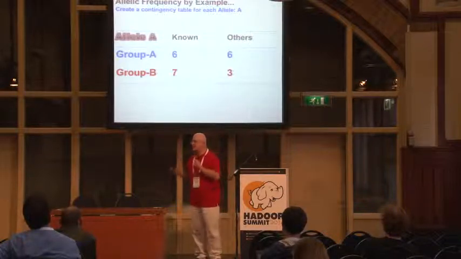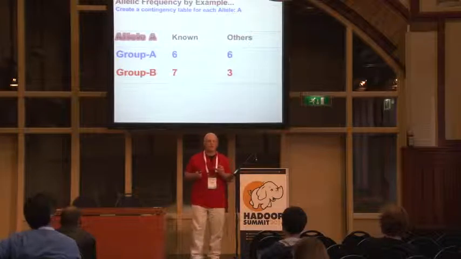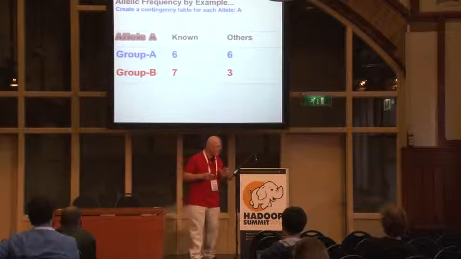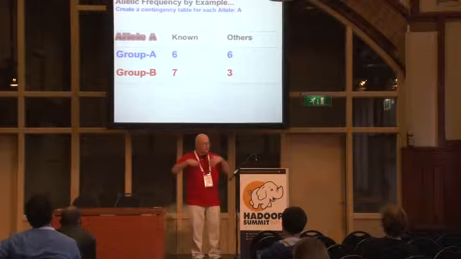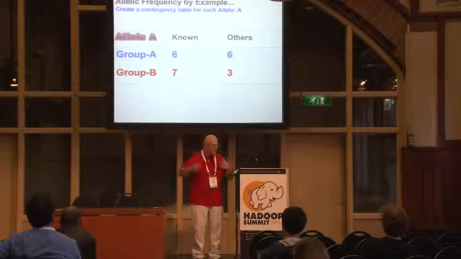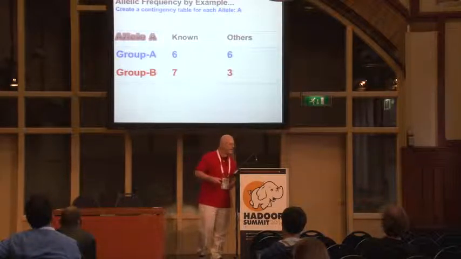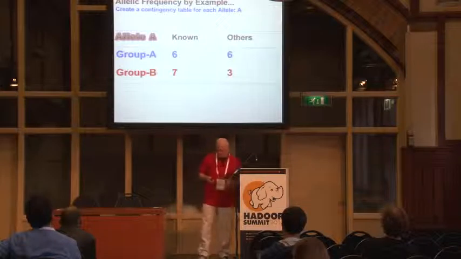Once you have this contingency table, you can apply Fisher's exact test, and that will give you the p-value for every allele. So going through all of the data, the goal is to form this contingency table and finally apply the Fisher exact test.